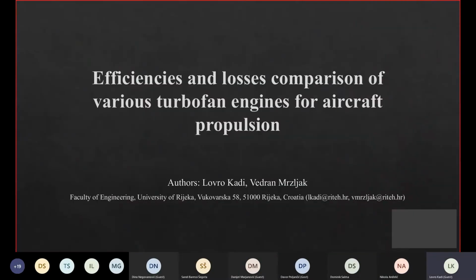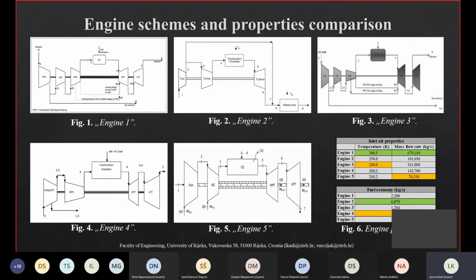Okay. My name is Lovro Kadi and I will give you a short presentation about the paper which was written by Professor Vedran Mrzljak and I. The topic of this paper is Efficiencies and Losses Comparison of Various Turbofan Engines for Aircraft Propulsion. First, let me introduce you to the 5 turbofan engines that were examined in this research.